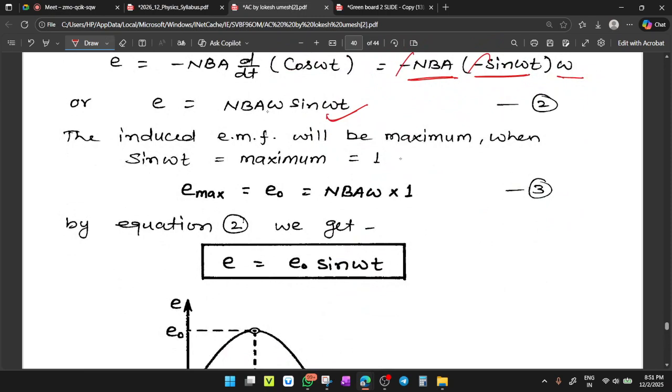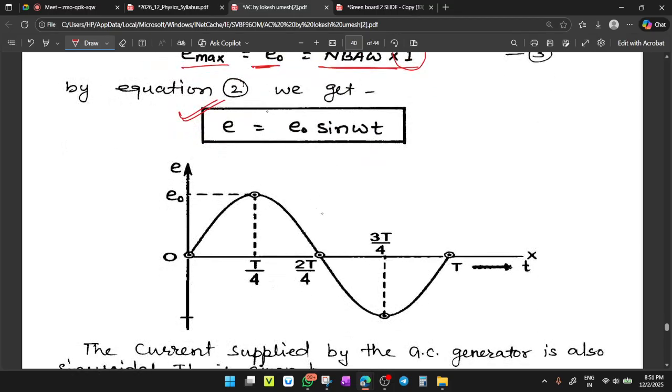The induced EMF will be maximum when sin omega t is maximum. So E max, that is E naught, equals NBA omega multiplied by the maximum value of sine omega t, which is 1. So finally you have E equals E naught sine omega t. If you plot it versus omega t or versus t, you will have the alternating EMF like this.